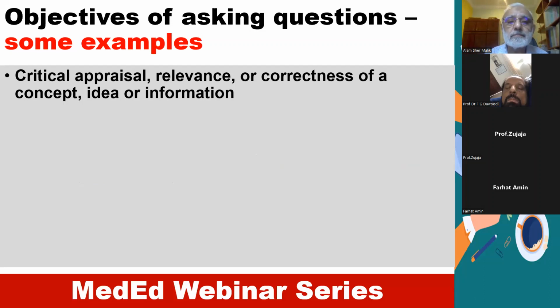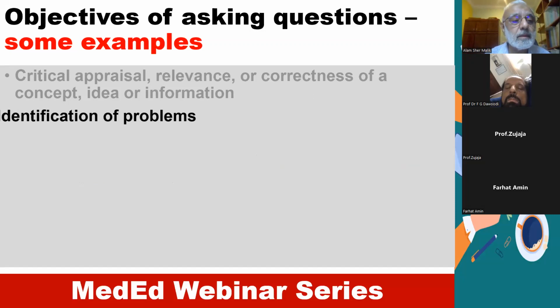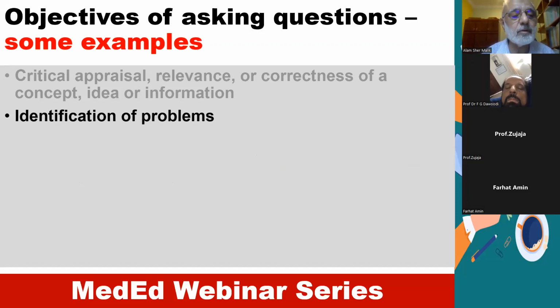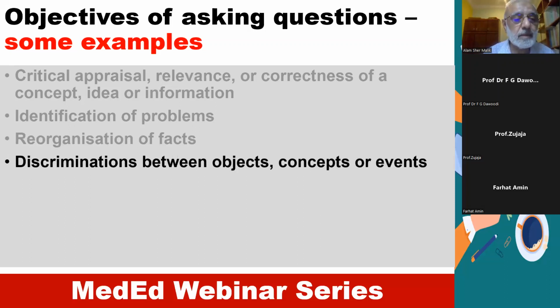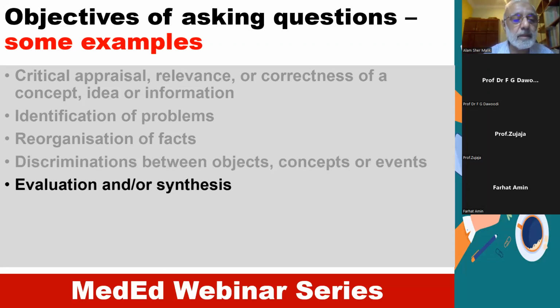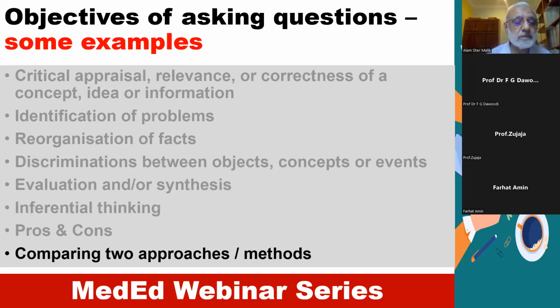Critical appraisal, relevance or correctness of a concept, idea or information, identification of problems, giving a scenario and then identifying the list of problems, reorganization of facts, discrimination between objects, concepts, or events, evaluation and or synthesis, inferential thinking, pros and cons, and comparing two approaches or methods.